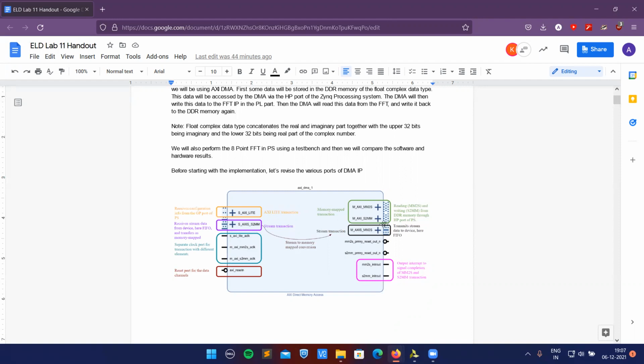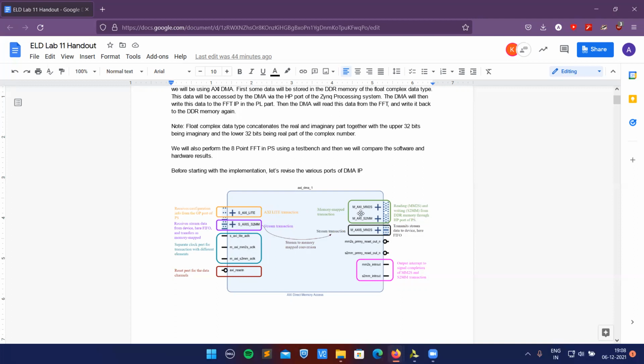The AXI stream MM2S port is the transmitter, or it transmits the stream data to the device. In this lab, it's the FFT IP, and that data will be worked upon by the FFT IP, and the evaluated output data stream will be received by the S2MM port of the DMA.